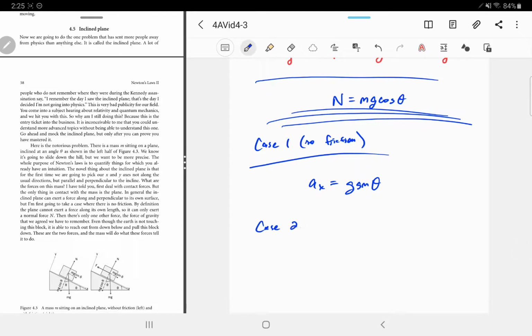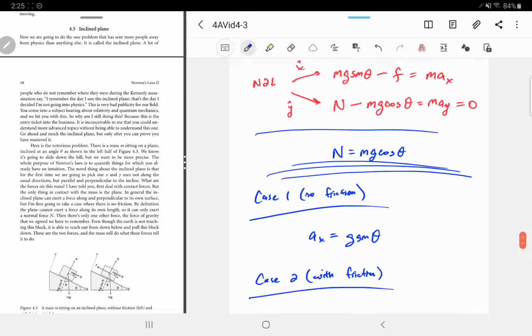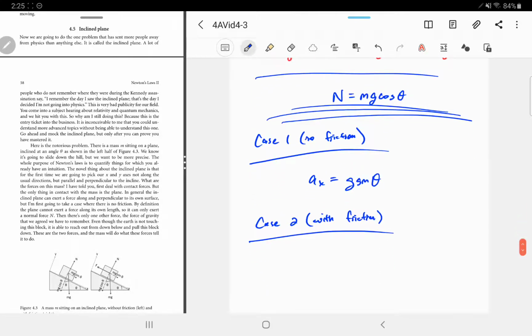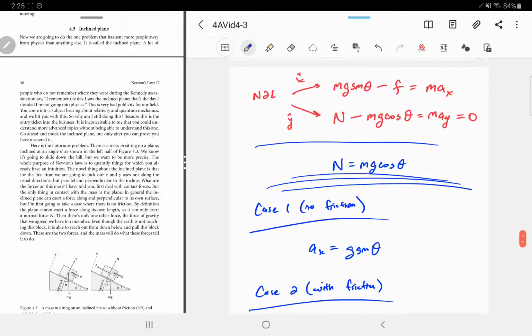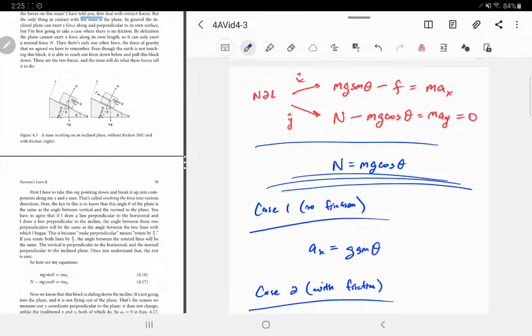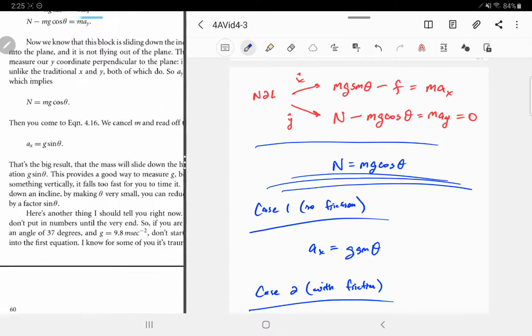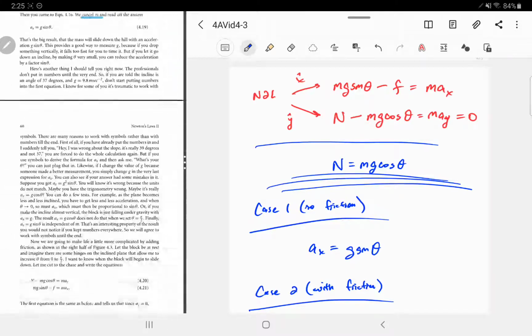Case 2, with friction. In this case we'd have to be a little bit careful and see whether it's possible for the block to remain stationary or not. This is what your book does. Your book has these equations. It talks about the no friction case, a_x is g sine theta.